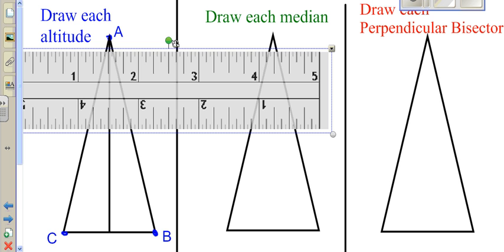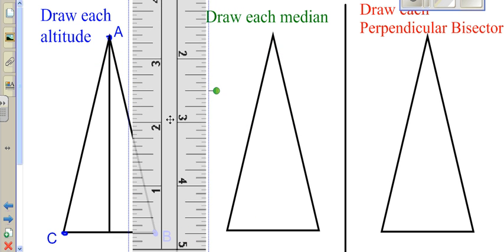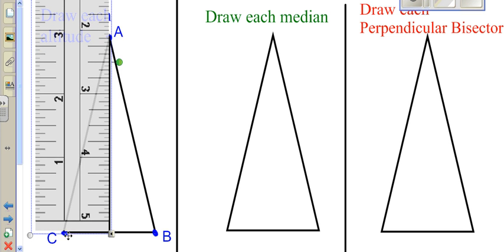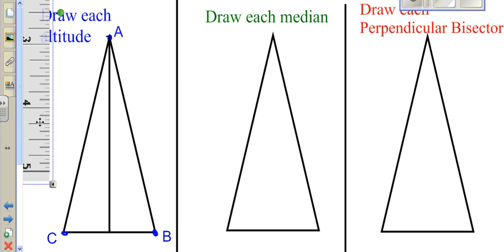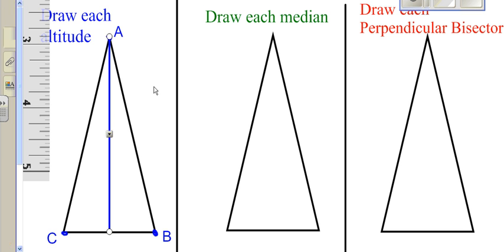If we took our ruler, or an ID or anything that has a square corner, and lined it up against the side, I know that the ruler lines up right against that side and right against that side, so I know it's 90 degrees. Otherwise I could verify with a protractor and see if it's 90. So I know this line is a perpendicular, or an altitude.